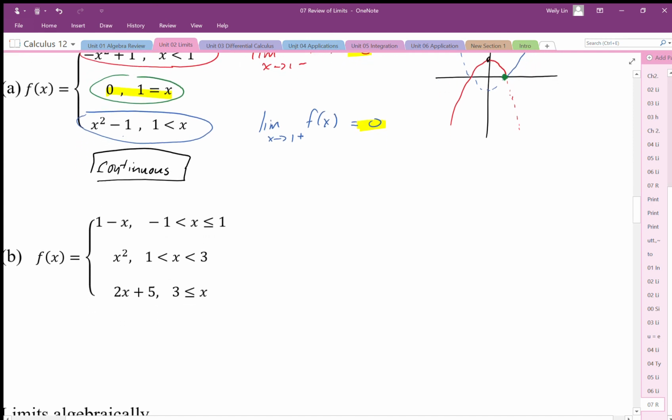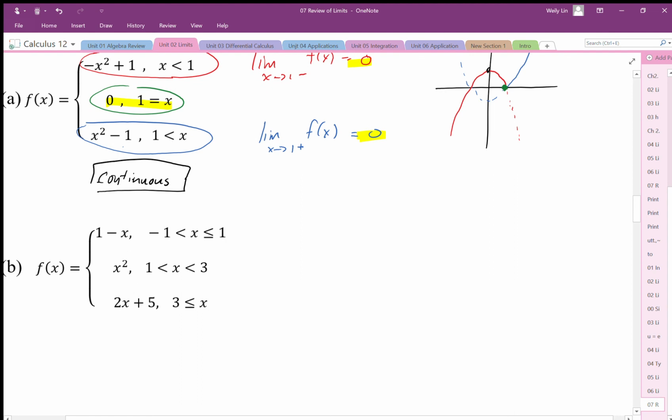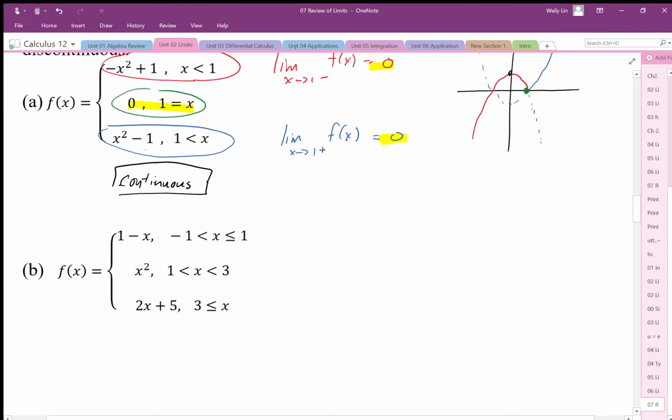Taking a look at this piecewise function, we want to check again where the transitions happen. So first of all, check the graphs. This is a continuous function, continuous, continuous. We don't need to worry about the continuity within the function. We just need to check the continuity of these points where they join. So the limit as x approaches 1 from the negative side is going to be equal to 0.